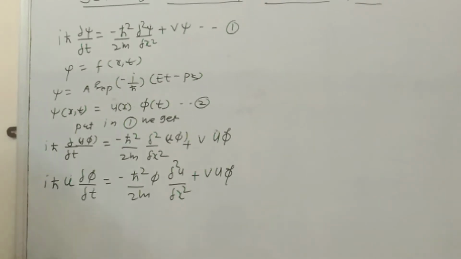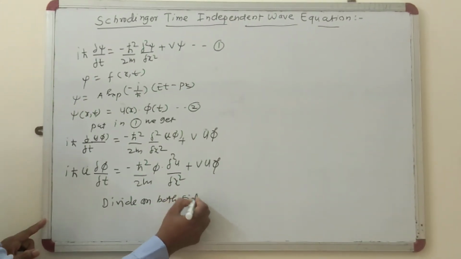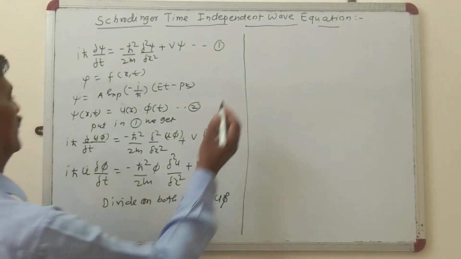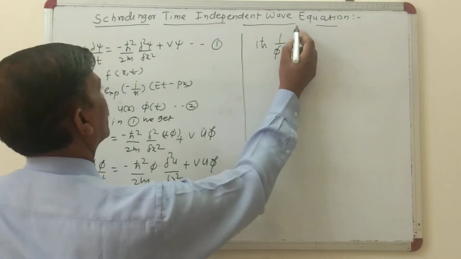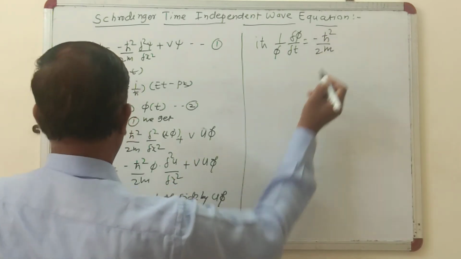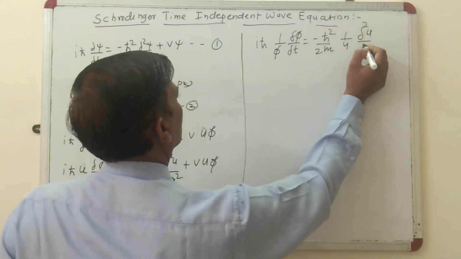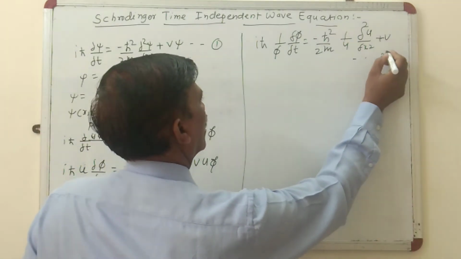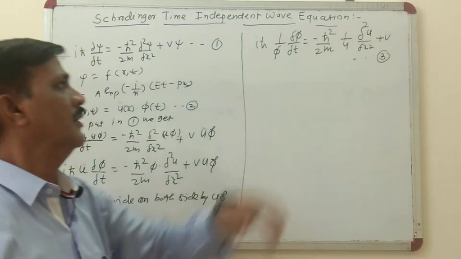Then we divide both sides by uφ. What do we get? iħ (1/φ) ∂φ/∂t = -ħ²/2m (1/u) ∂²u/∂x² + V. Then we observe that the left side depends on t and the right side depends on x.